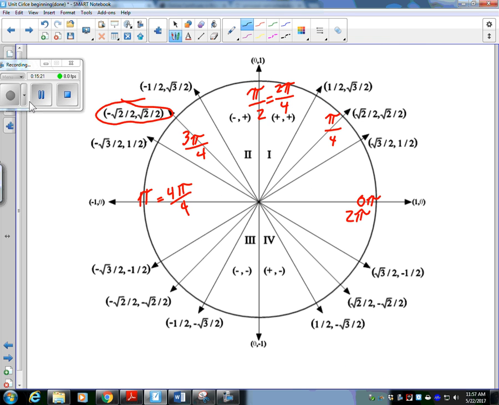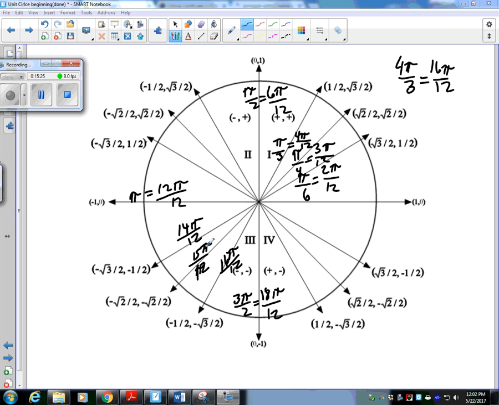Alright, we got it figured out. So I converted 4 pi over 3 to 16 pi over 12. When I was working it out, I noticed that the least common denominator of the radians would be 12. So I converted everything to twelfths. So 4 pi over 3 is the same thing as 16 pi over 12.